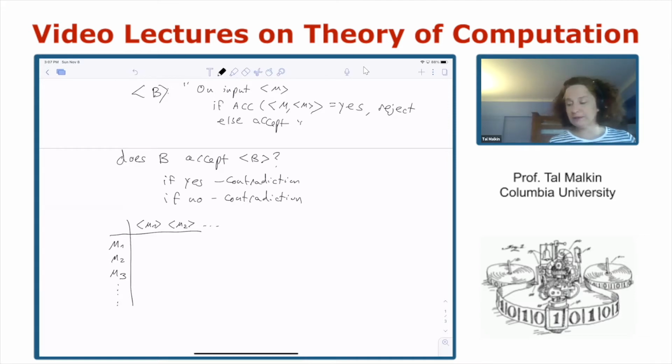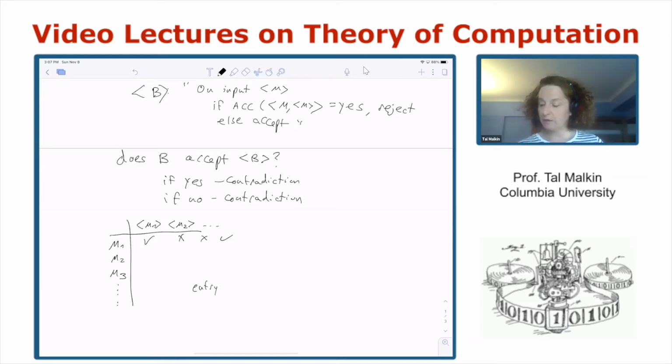And we will put in this table either a yes or a no. So in location ij, in entry ij, we'll put a 1 if Mi accepts the encoding of Mj, and we'll put 0 otherwise. Okay, so we can think of it like this.